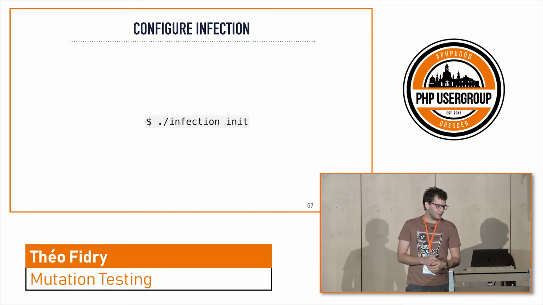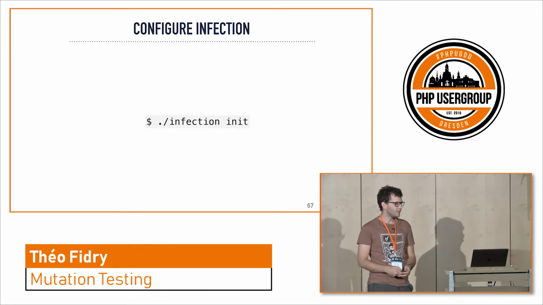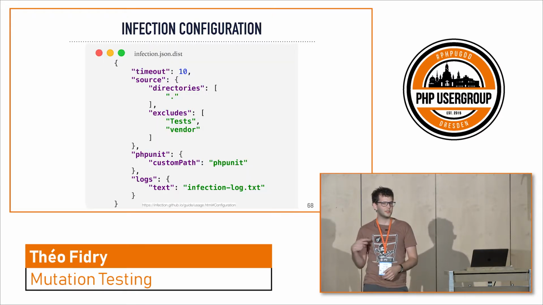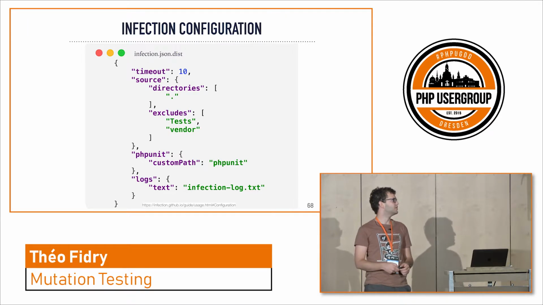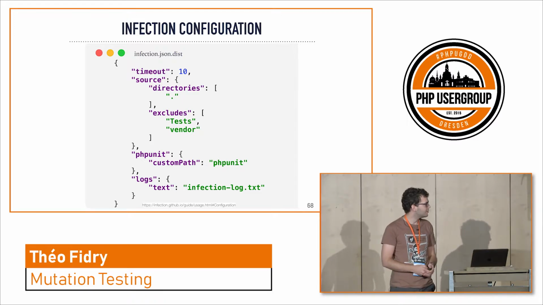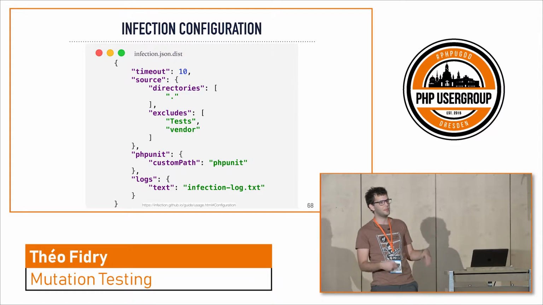And then we configure Infection. For that, Infection has an init command to help you out. It brings an interactive form where it asks questions about how you want to configure it. Once you did that, you get that infection.json.dist file, where you can see it's relatively simple. Source is where you specify the code that's going to be used.